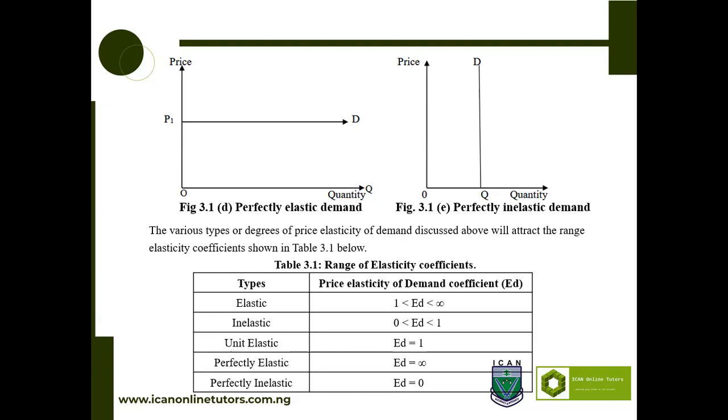This table shows the coefficients of the different types of elasticity of demand. The price elasticity of demand is denoted as ED. When it is elastic, that means the price of the commodity will affect the quantity of the goods that will be demanded.